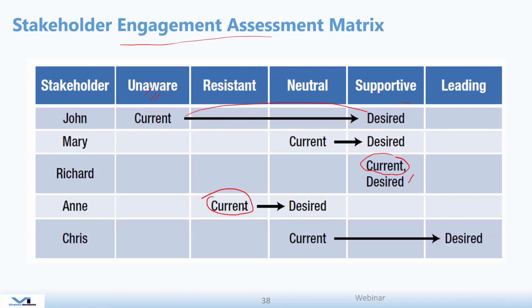So I need to understand why she's resisting my project, and I need to negotiate with her maybe. I need to influence her again, exercise my emotional intelligence competence and such, in order to move her to a more desired engagement level. So with the engagement of stakeholders, you need, again, different types of competencies and skills.